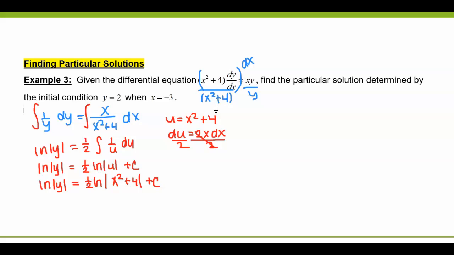So you want to make sure, because your initial conditions are given with x and y's, that you get your final answer back to x and y's. And then you're going to plug in those initial condition values.